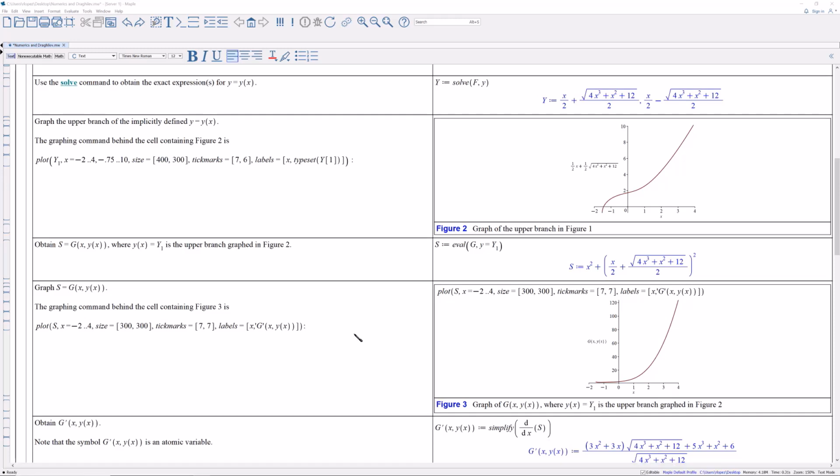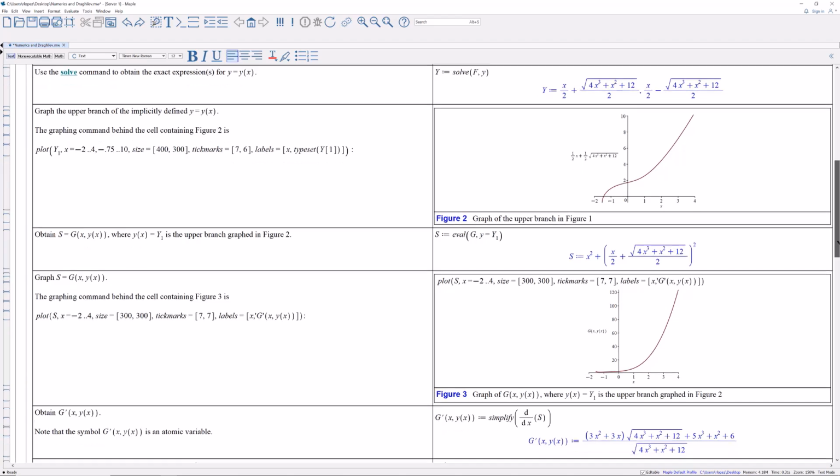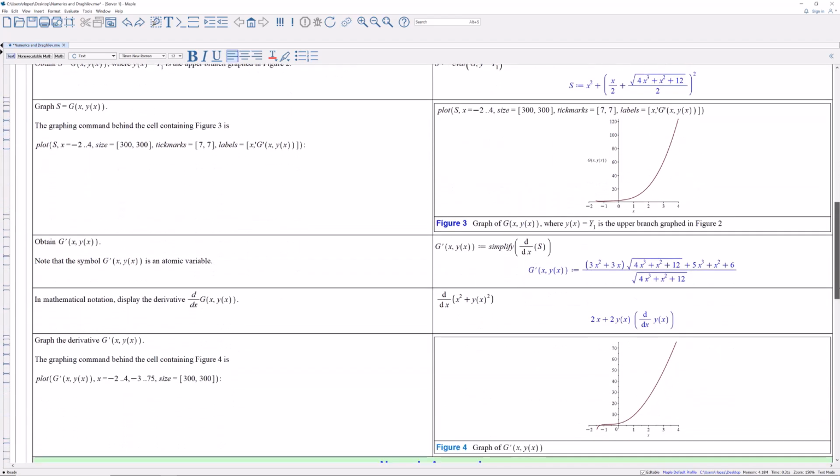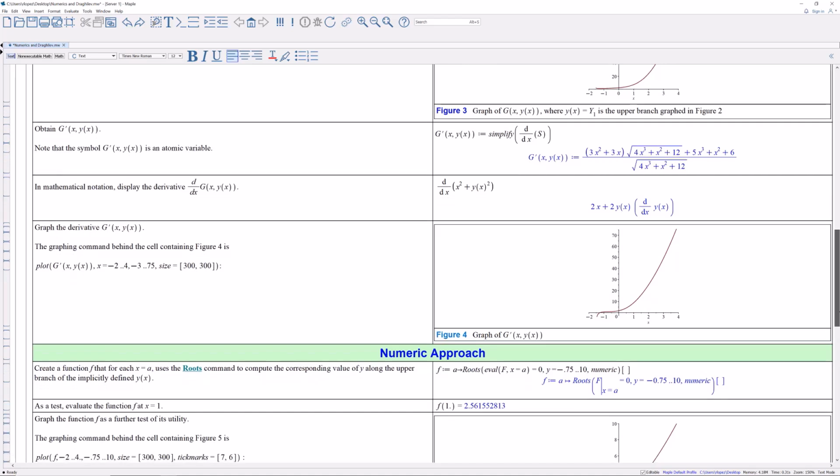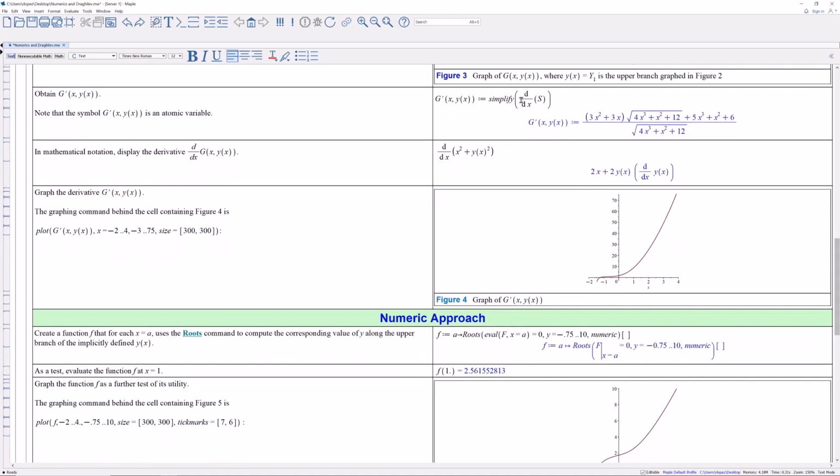Having obtained g of x, y of x explicitly, I want to take the derivative, get g prime. So here I'm taking the derivative. Now this symbol is an atomic variable because you can't assign to an object like that.